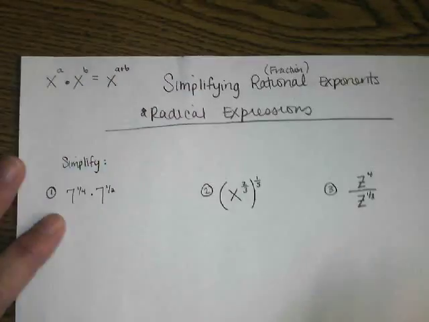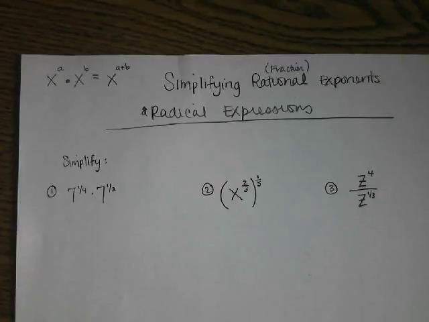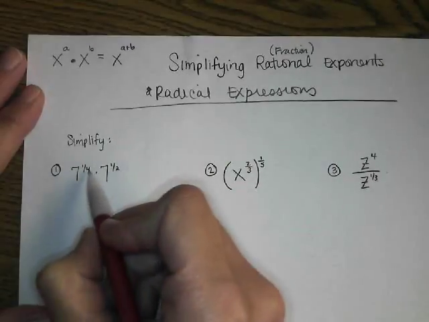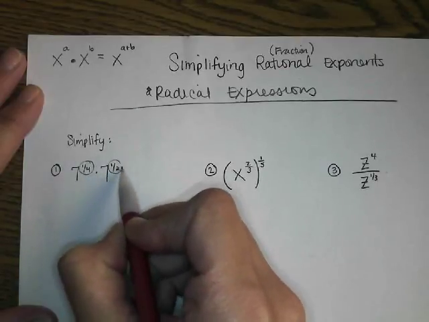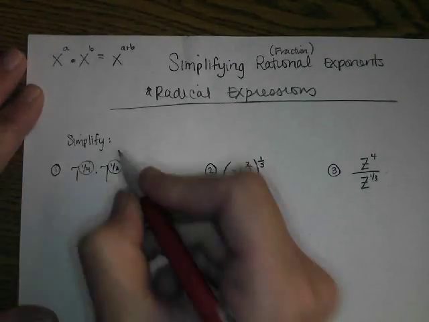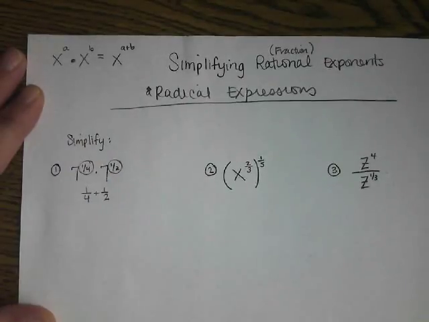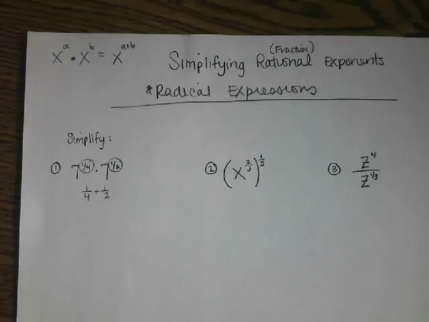you can consolidate that into one term with a base of x and a new exponent of a plus b. Now, that can get annoying if your exponents are fractions, because although these both have a base of 7, I have to add these two exponents. Okay? And 1/4 plus 1/2 isn't as easy as 4 plus 2 would be. Okay?